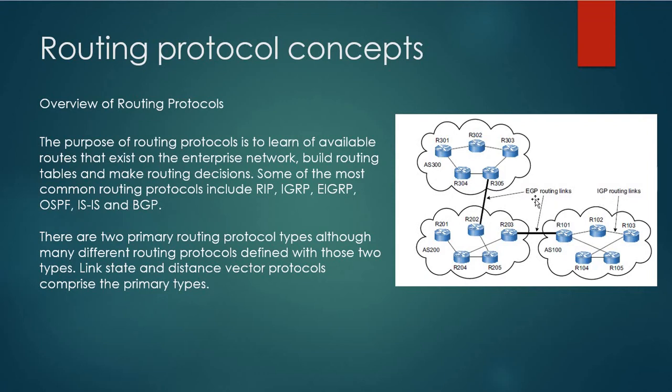Interior gateway protocol and exterior gateway protocol. Interior is the internal routing network communication, and exterior gateway routing protocol means it communicates with the clusters of IGP, interior gateway protocol.